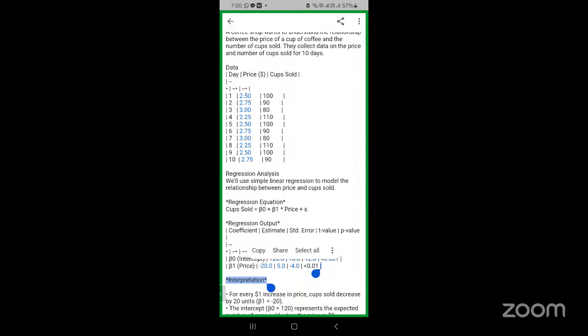Here you can find that when the price is 2.25, cups sold is 110. And when it becomes 3, then cups sold becomes 80.